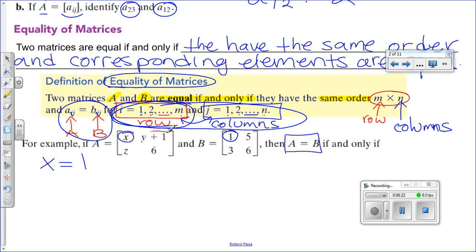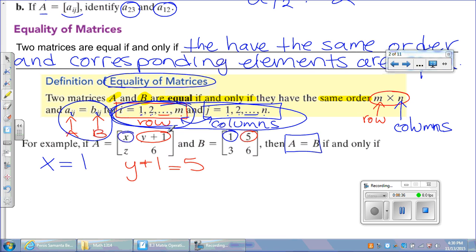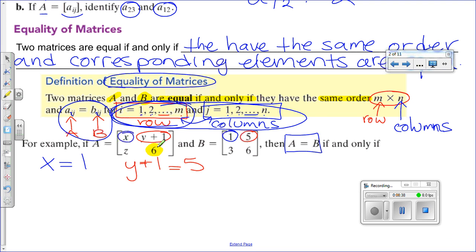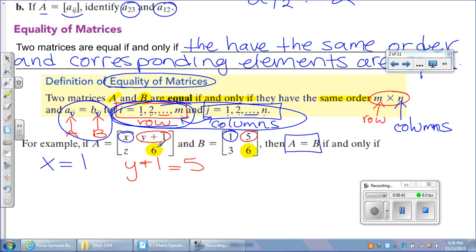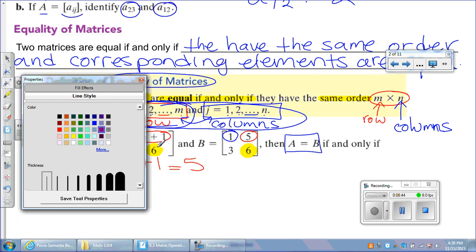Similarly, we could say that Y plus 1 has to be equal to 5. Y plus 1 equal to 5. Here we have 6 equal to 6. We don't need to do anything to that one. And let me just get a different color here.